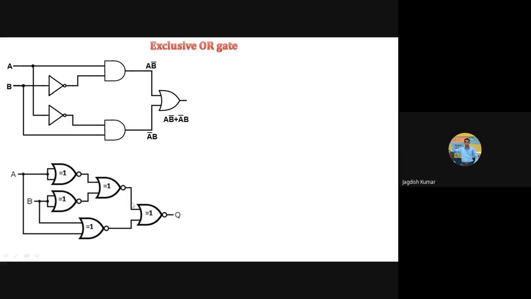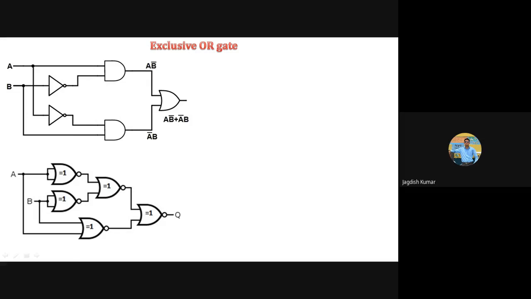What was the output here? Now, if you feed in those inputs to this NAND gate, what will be the output? Again, you have to apply De Morgan's theorem, and then you should be in a position to get AB bar and A bar B. Are you able to get this expression?